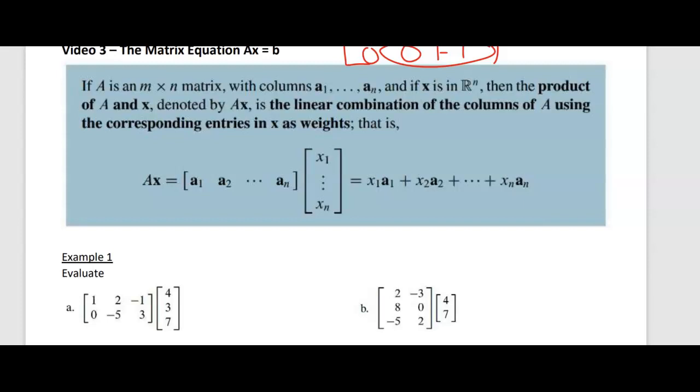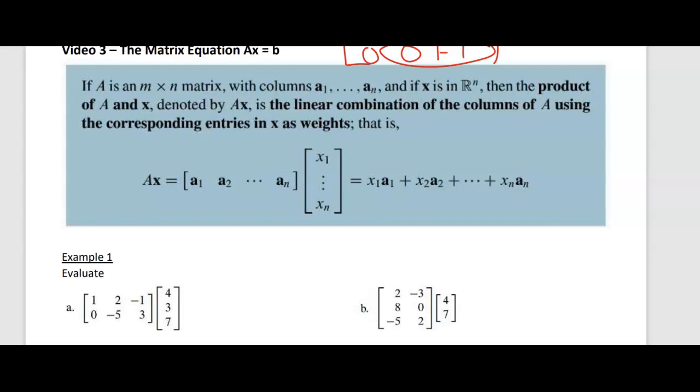Right, so this video is going to be mostly about how we multiply an m by n matrix by a column matrix and what that kind of means and how they are related with each other.